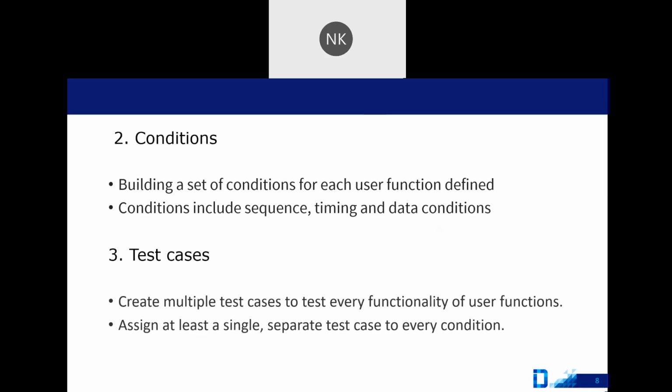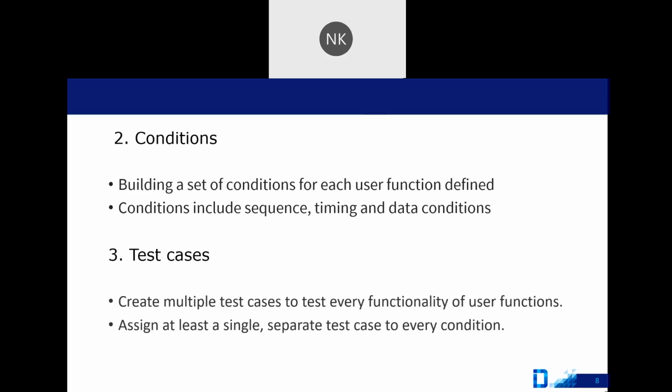We have now built the functions. Then we have to build the conditions based on those functions. In that case, we have to decide a set of conditions for every user function, including timing and data conditions. Likewise, we can consider those conditions.